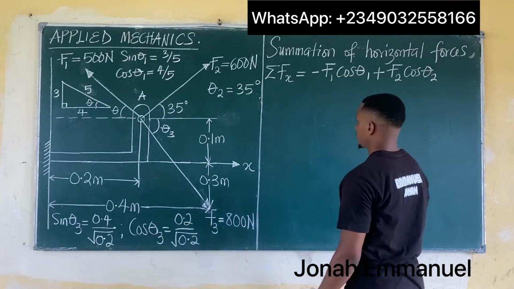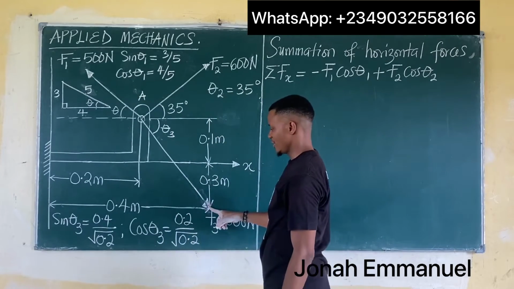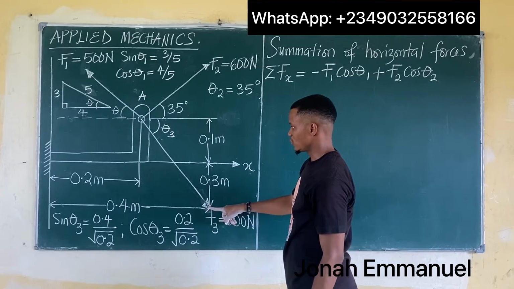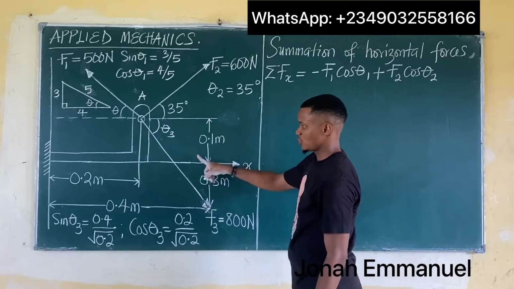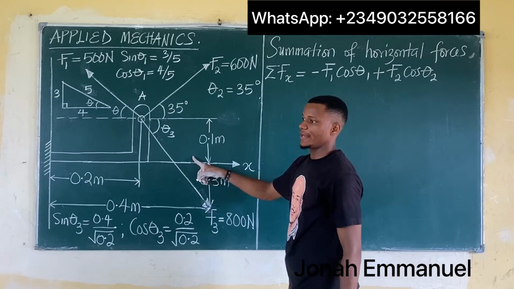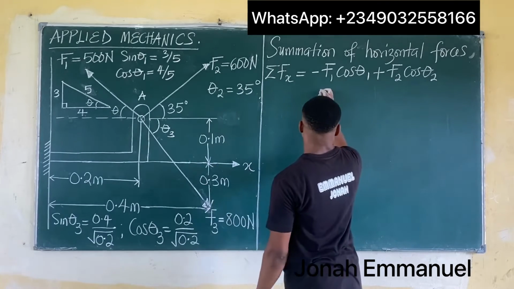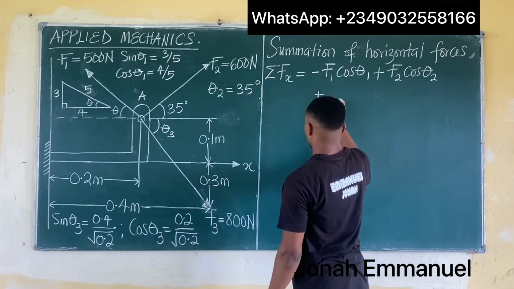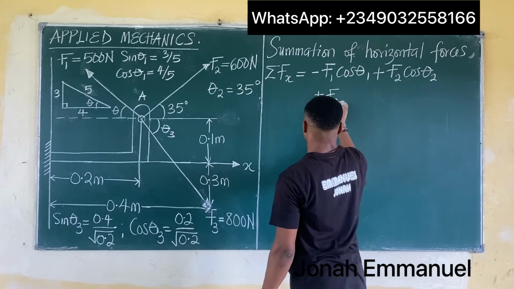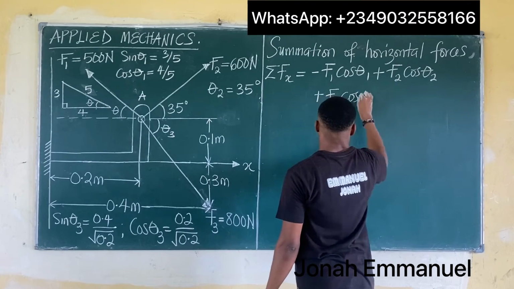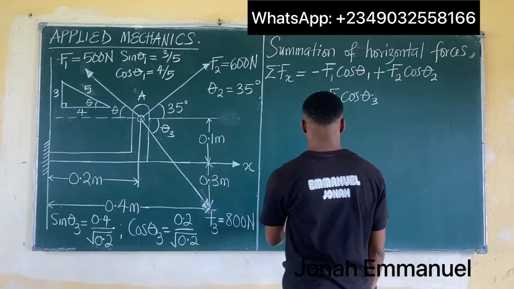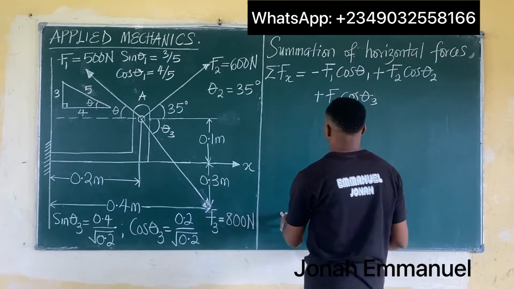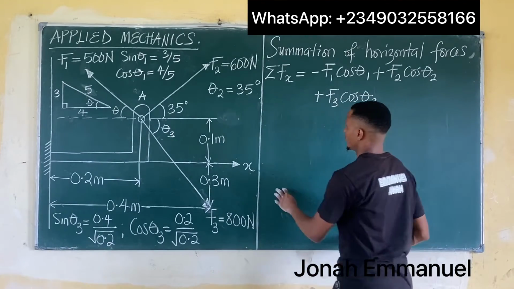And then finally we have F3. F3 is this one here. Resolve F3 horizontally to come this way. This is quadrant 4. Quadrant 4, x is positive. It becomes plus F3 cos theta 3.